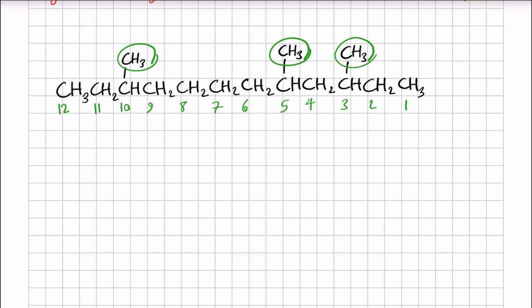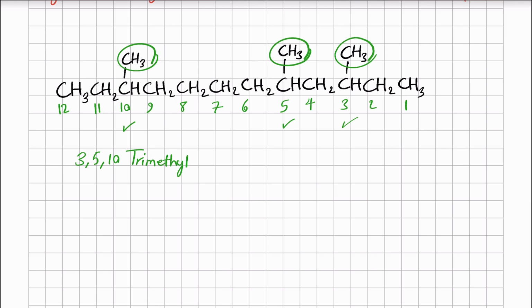So let's say 3, 5, and 10. So the name would be 3, 5, 10. Now we have to say that we have 3 substituents, 3 methyls. So 3 methyl.